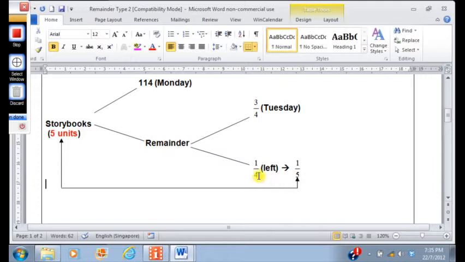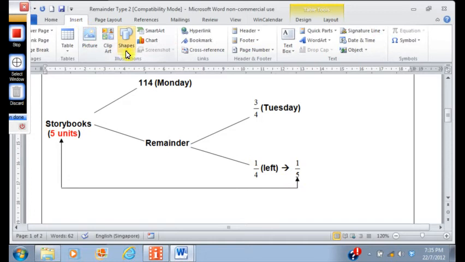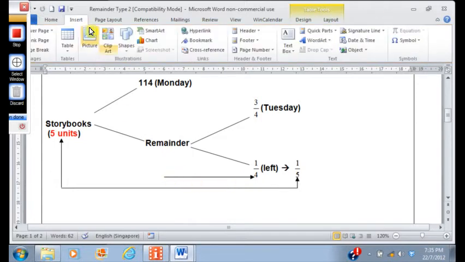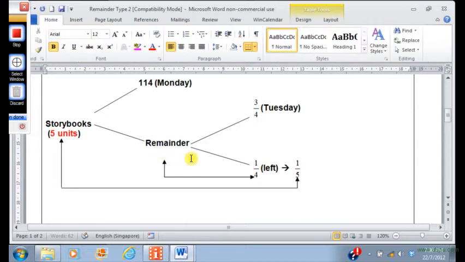What about this 4 that you see here? Now, these 4 units that you see here actually goes to your remainder, which is here. Right, so this 4 goes to your remainder.